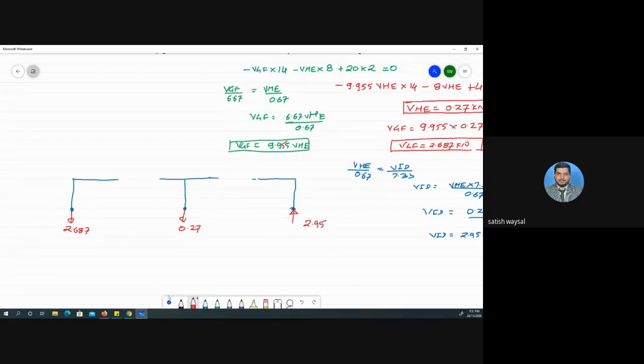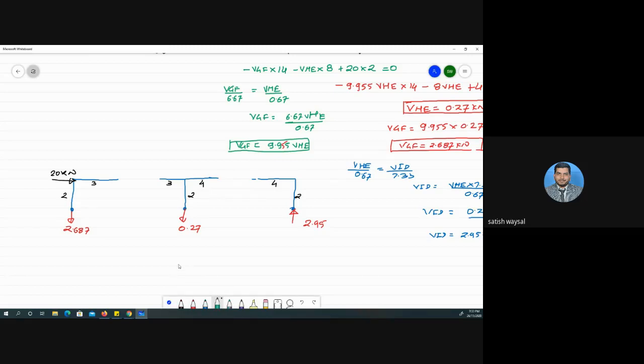We know that the given load in this frame is 20 kilonewton. This distance is 2 meter for all the members. This horizontal distance in the first phase will be 3 meter, this will be 3 meter, this is 4 meter, this is 4 meter.